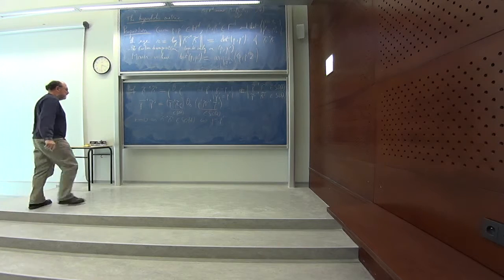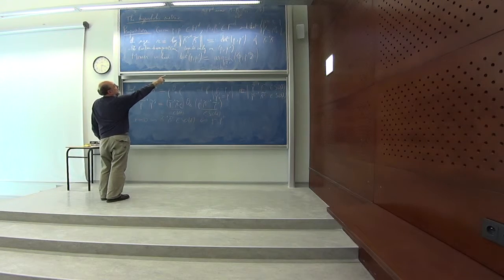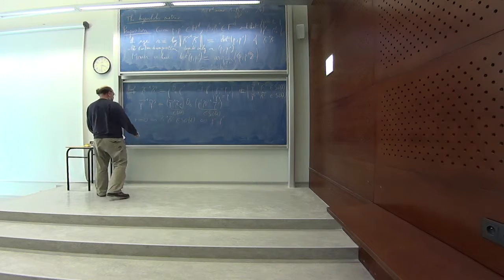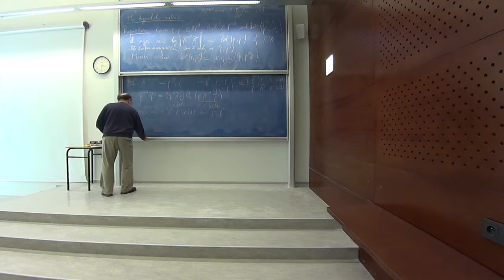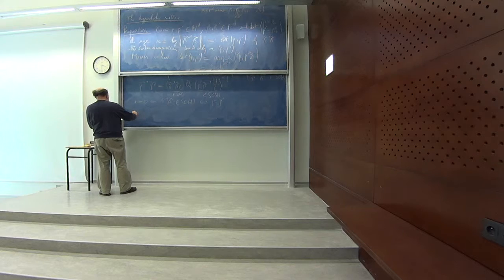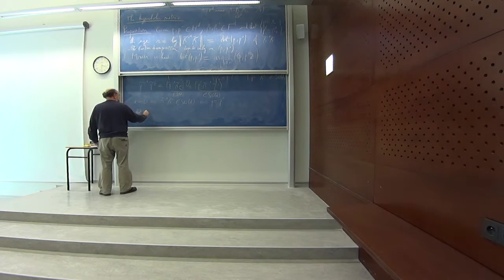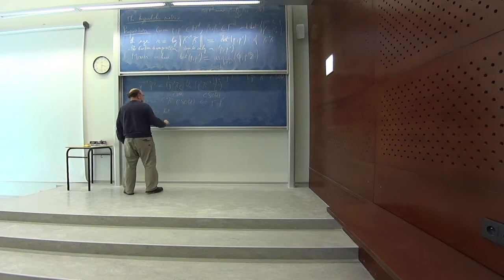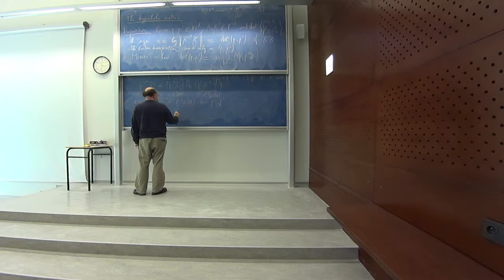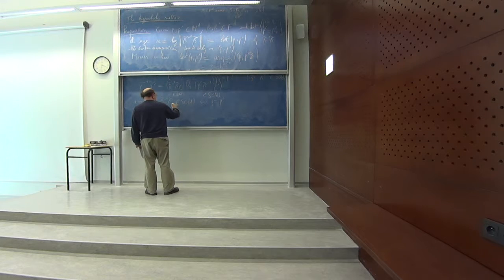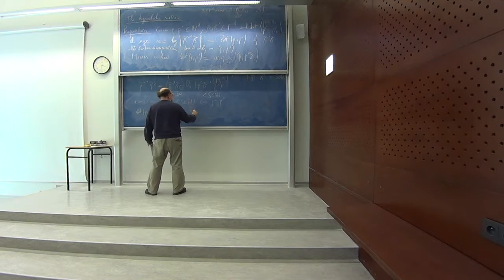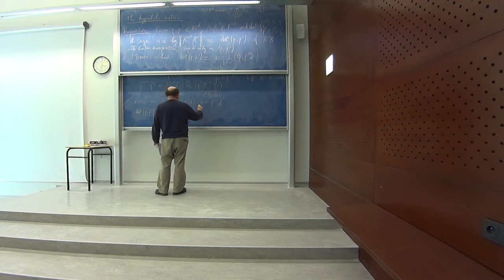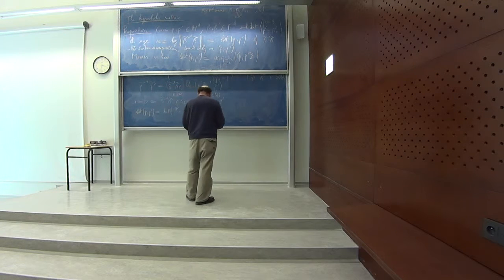And finally, if I want to make this formula more obvious, I have only to consider the distance between P and P prime. This is the distance between beta tilde E naught, beta tilde prime E naught.